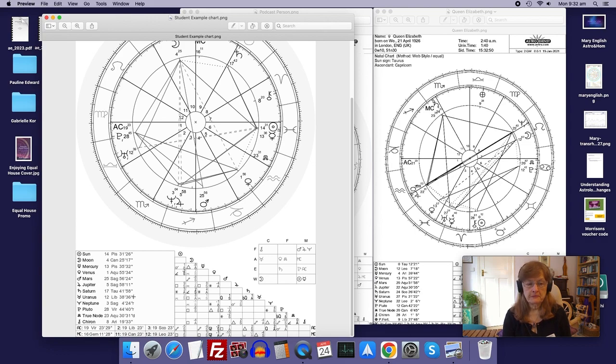Now, because there's 30 degrees to each sign of the zodiac, this segment here in the sign of Virgo is going to be 30 degrees, this bit here is going to be 30 degrees, and each house is going to be 30 degrees. Obviously, if you start measuring something more than halfway through in a particular sign, you're going to end up with 2 signs of the zodiac to each of your houses, which doesn't matter.